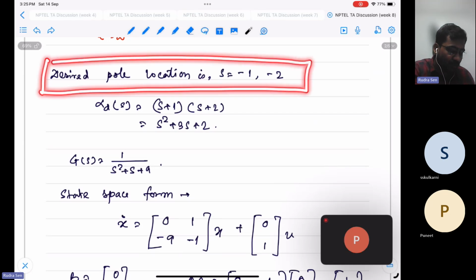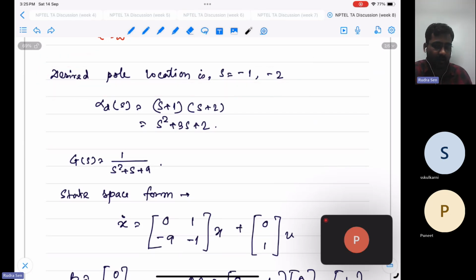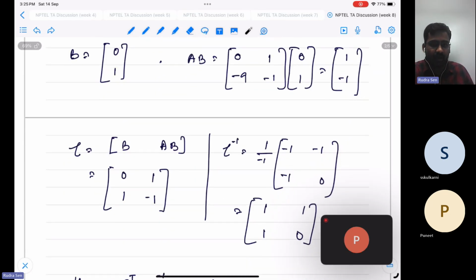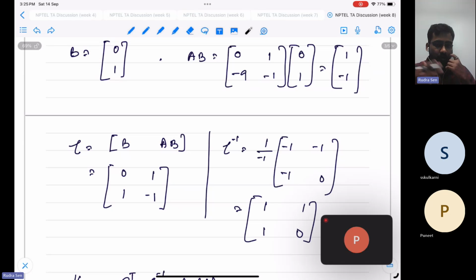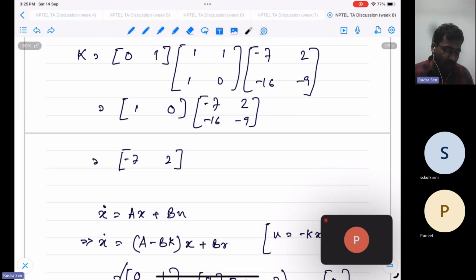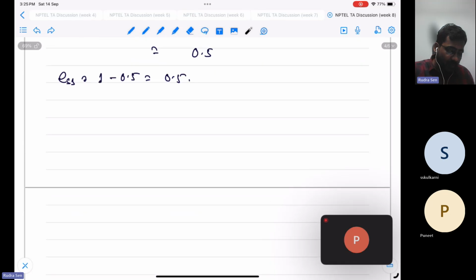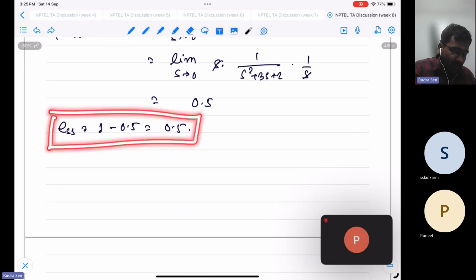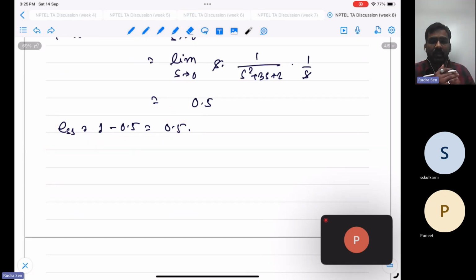My desired poles should be at -1, -2. It can't be -1, -1 or -1.5. It should be -1, -2 because we have to maintain some overshoot. So that's the design specification. In that case, we have seen that there is still a steady state error.